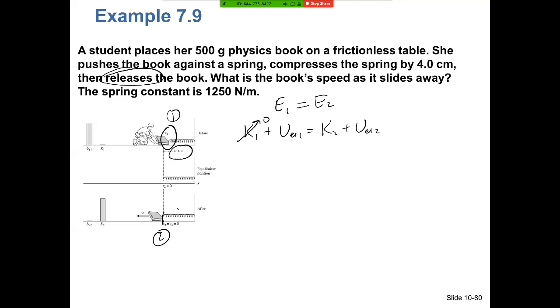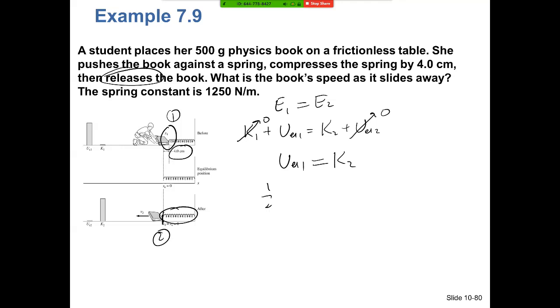And the spring reaches the equilibrium at point 2, so there is no elastic potential energy at point 2. Then what I get is that energy at point 1 is purely elastic, and it converts to kinetic energy at point 2.